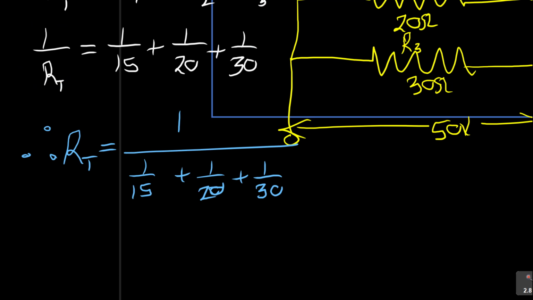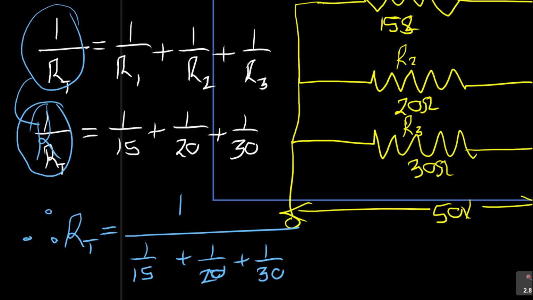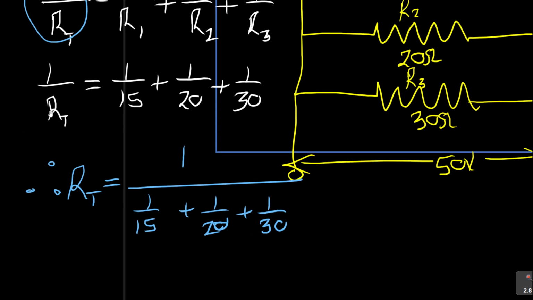And please, when you cut the formula, you started by saying 1 over RT. Also maintain it here. It's still 1 over RT. Don't say now RT is equal to. No, you are still looking at 1 over RT. Are you with me? But if you want to write now from this to go there to say RT, that's why you say 1 over, and then you maintain that. What is now my RT?